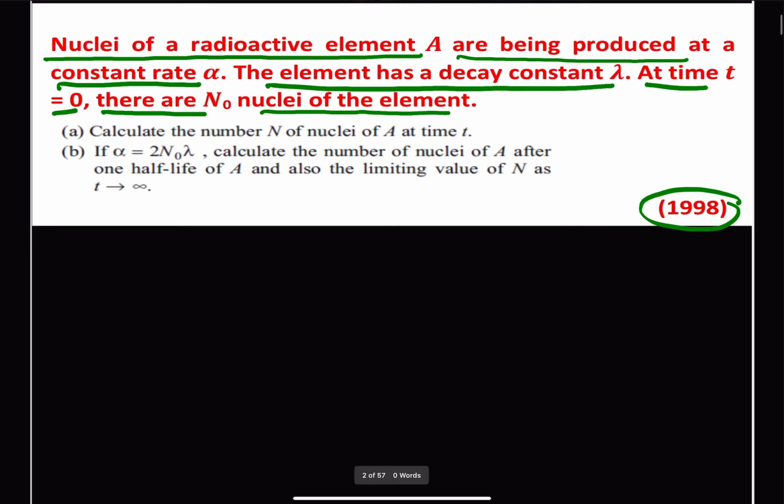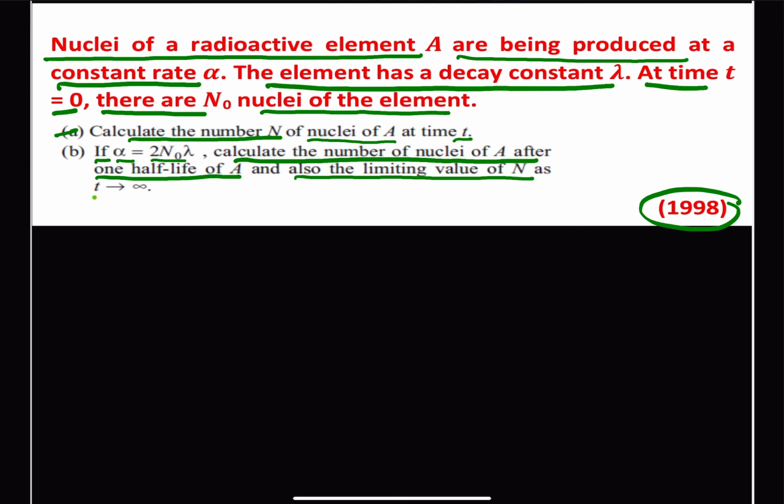Based on this, there are 2 questions. Part A, calculate the number of nuclei n of A at time t. And part B, if alpha is equal to 2 n0 times lambda, calculate the number of nuclei of A after 1 half life of A, and also the limiting value of n as t tends to infinity.